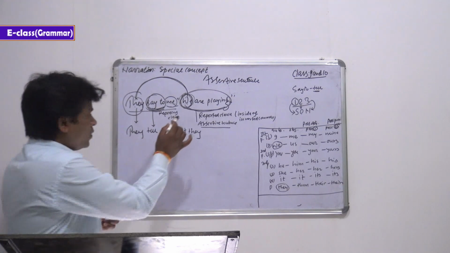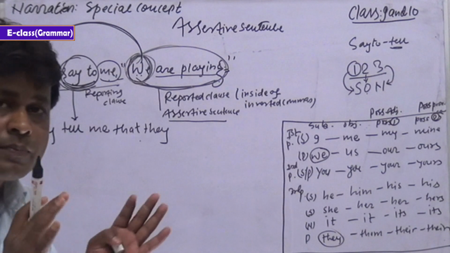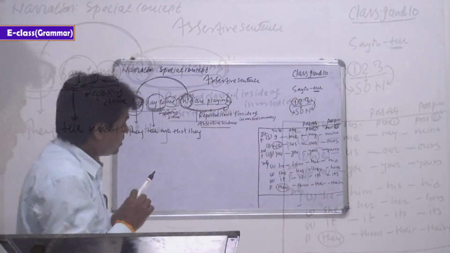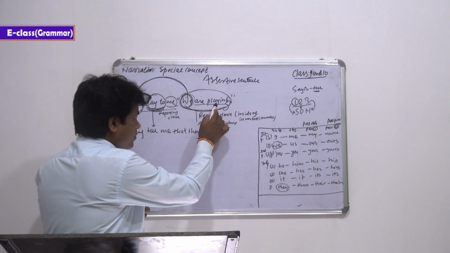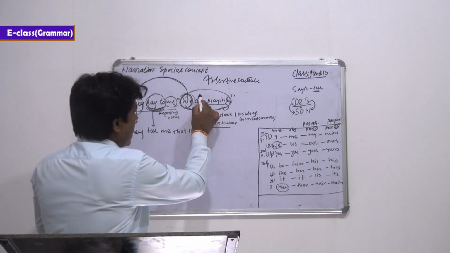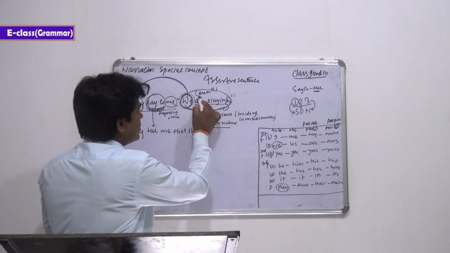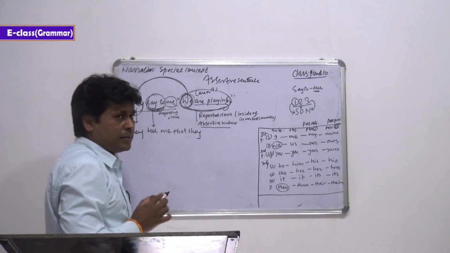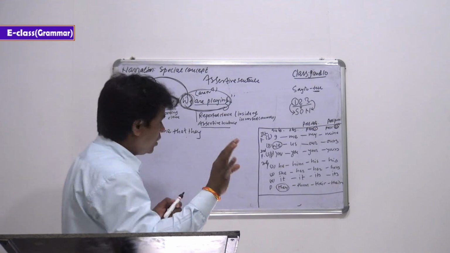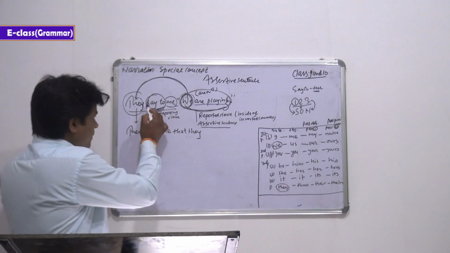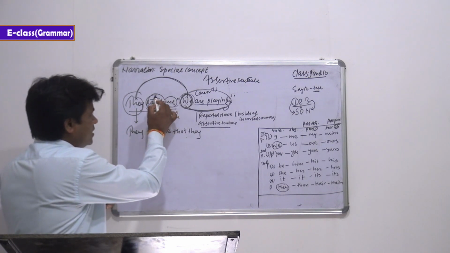Are playing. Which tense is this? Present continuous tense. Subject plus am/is/are plus verb-ing. It is present continuous tense. But remember, I have told you, if the reporting clause is in simple present tense, and here which tense is this?